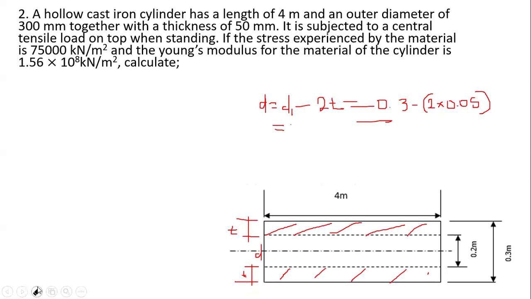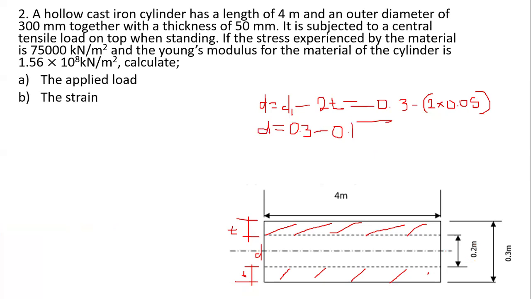Now, the 0.3 I have there, minus, if I multiply 2 by 0.05, I get 0.1. So this is the 0.2 you see here as our internal diameter.